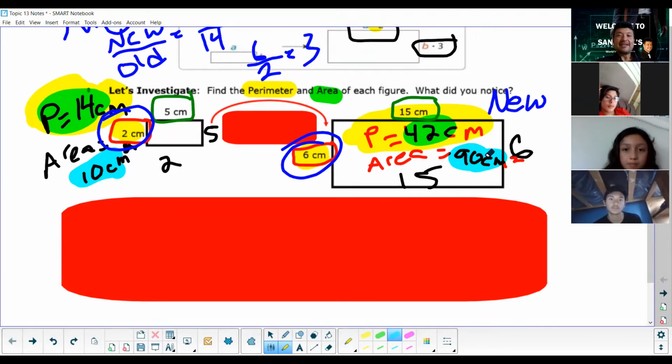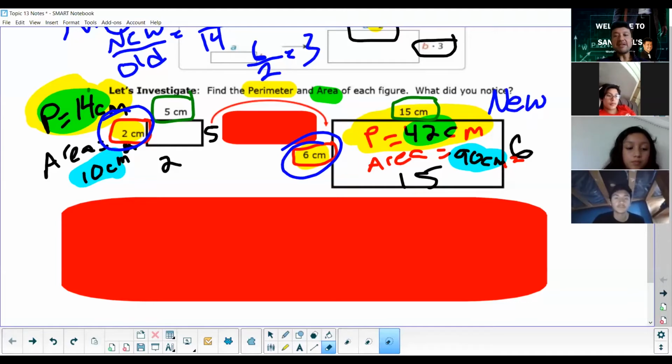Yes. Do you know how you could relate that to scale factor? Well, 90 divided by 10 is 9. But since the scale factor is 3, we would have to take 9 and get the square root of it, which is also 3.